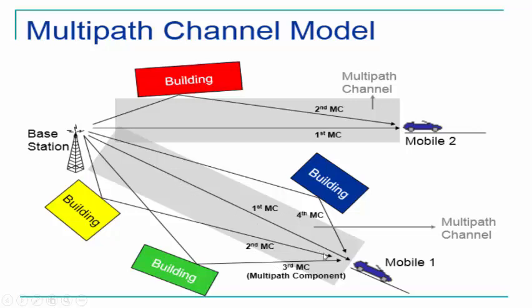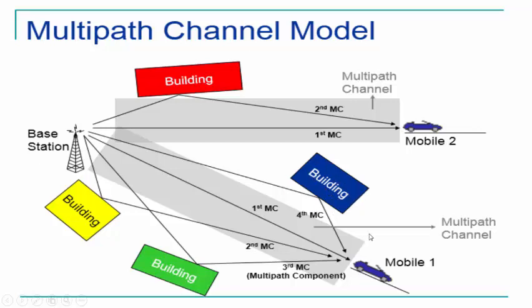The mobile 1 receiver is receiving 4 different multipath components. The first multipath component indicates exact line of sight, a powerful signal. The second multipath component is due to the yellow color building.